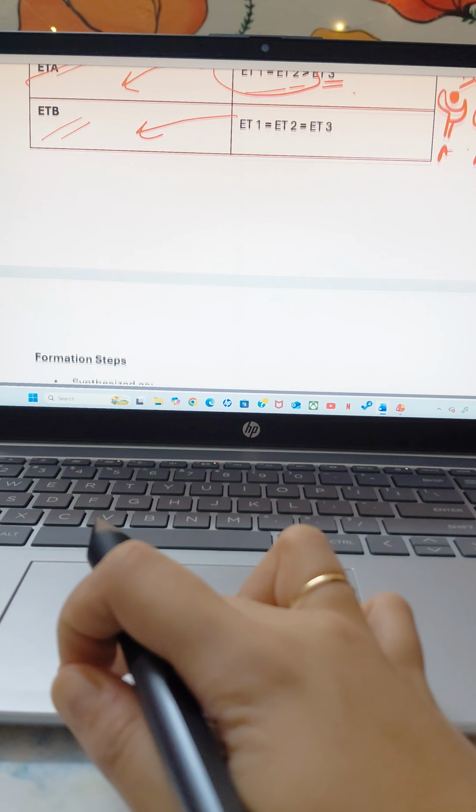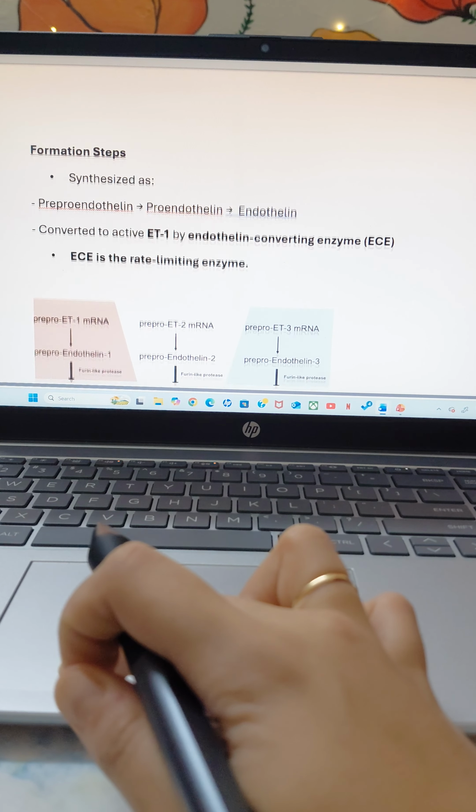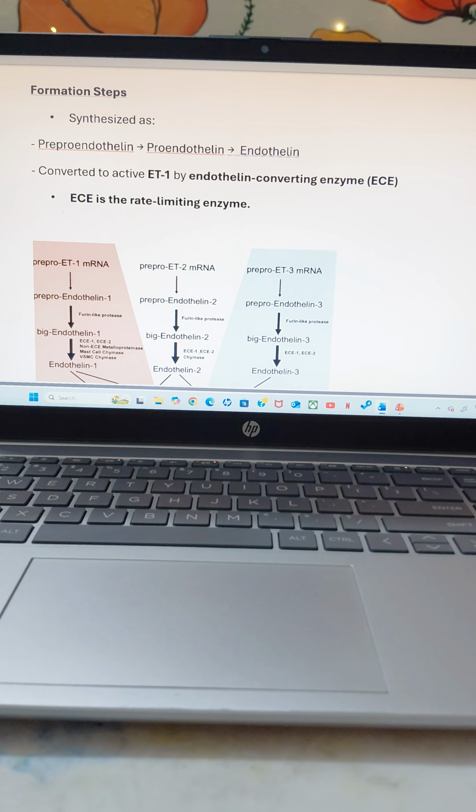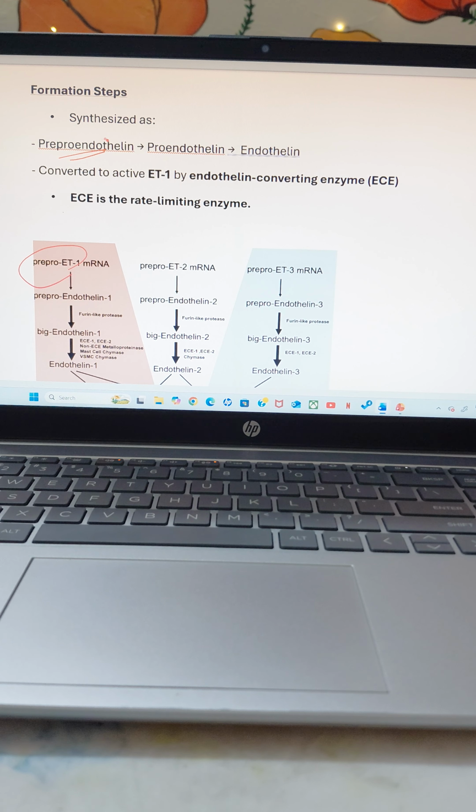Moving further on, we'll discuss the formation steps. They are synthesized as pre-pro-endothelin 1, which is then converted into pro-endothelin. This is pre-pro-endothelin mRNA, then it forms pre-pro-endothelin 1, which converts into pro-endothelin, which is big endothelin, an intermediate, which forms endothelin.